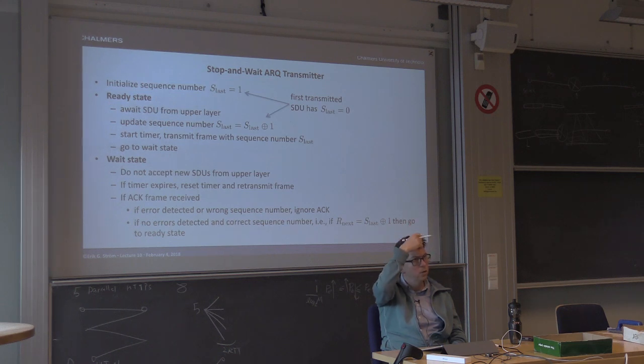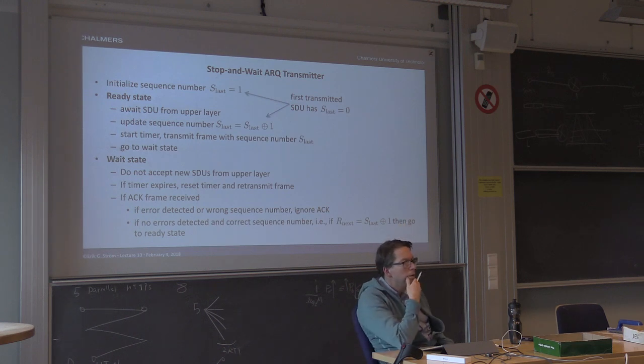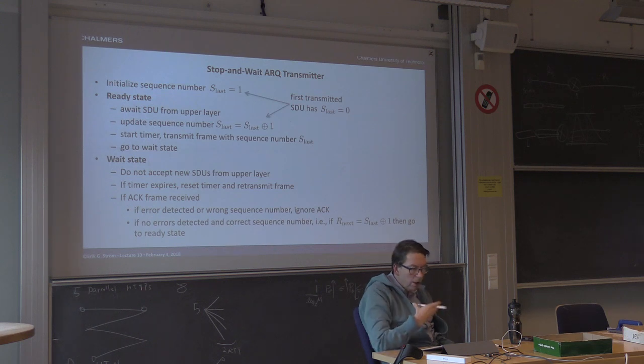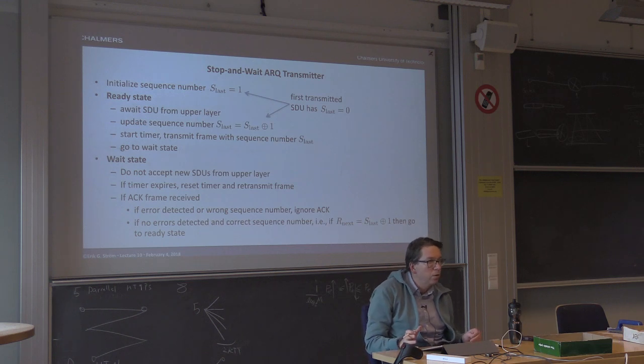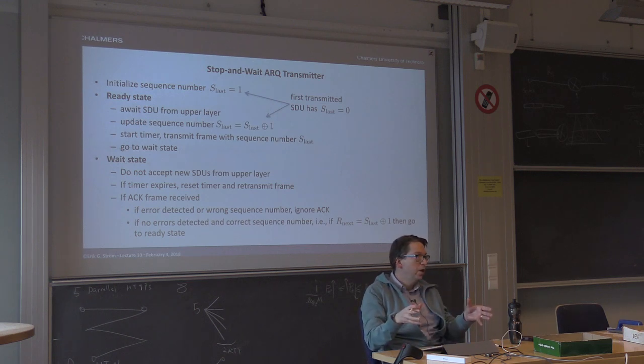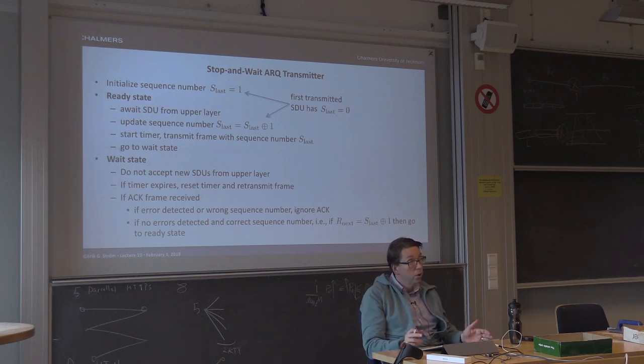Okay, so this is the transmitter logic. Questions? Yes? What if the acknowledgement is wrong? Wrong in what sense? If it's, let's say, it gives you a 1 when it shouldn't be 1, for example. Okay, so if the acknowledgement frame is wrong, there are two things that could cause it to be wrong. Either there are transmission errors, bit errors in the transmission, and then hopefully this is detected and then it's discarded.